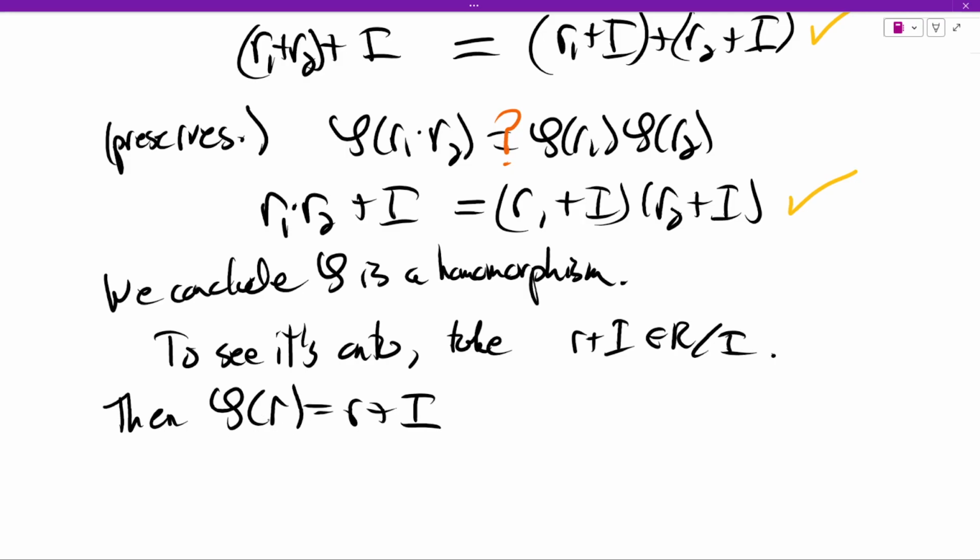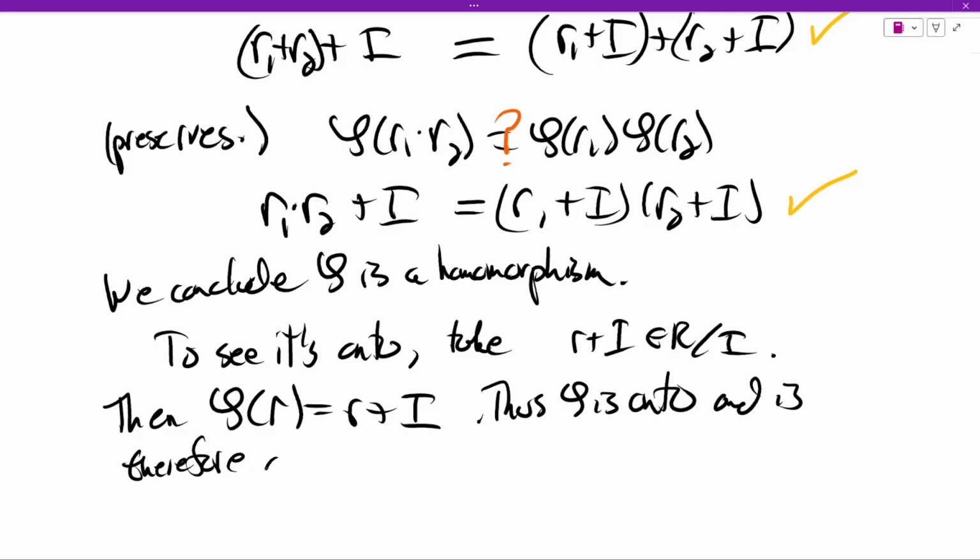It should come from a representative r. And so this tells us then that phi is onto, because every element in the codomain comes from something and is therefore an epimorphism. Cool, so it is an epimorphism. It's a big old check mark there, there, and there.